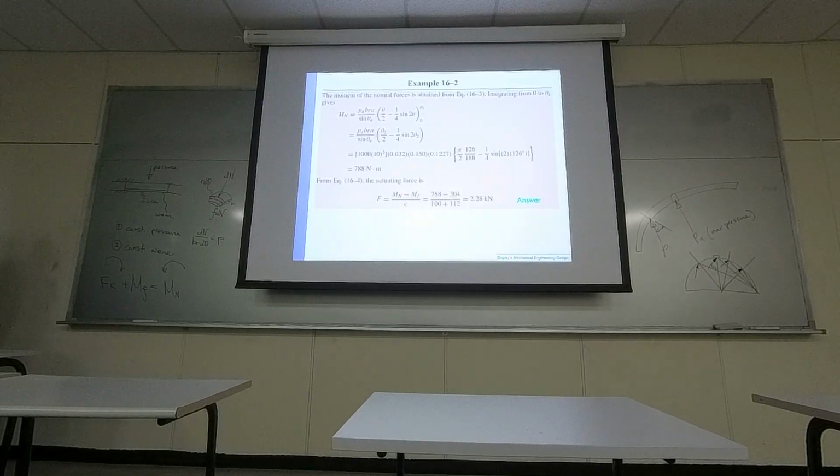Now, another equation is the moment due to the normal force. Everything was mentioned, so just plug in numbers. At the end, the actuating force equals to the equation that was mentioned earlier. So since we are studying based on PA, the maximum allowed pressure, the largest force that you can apply is given right here.